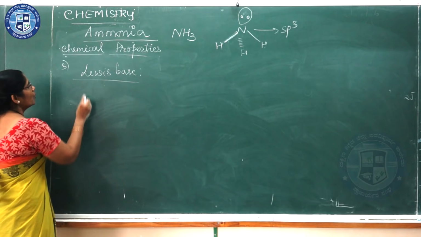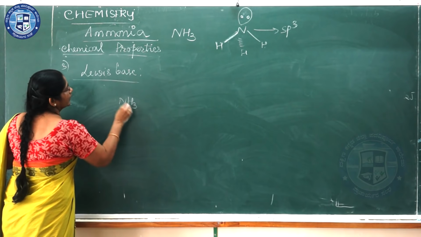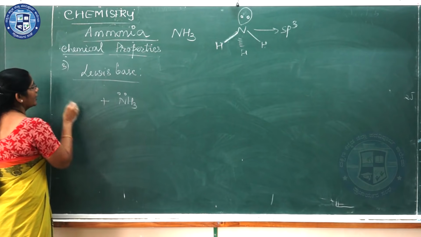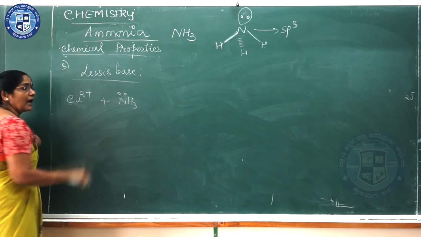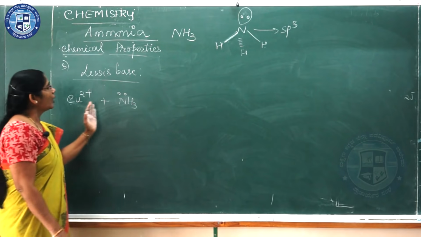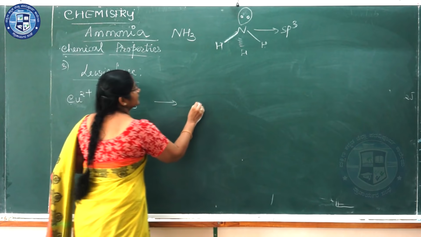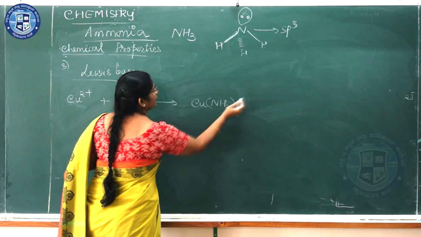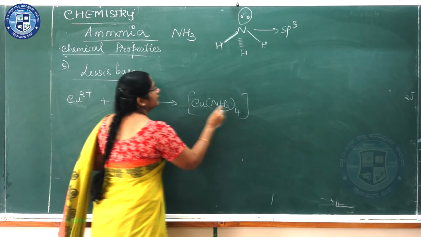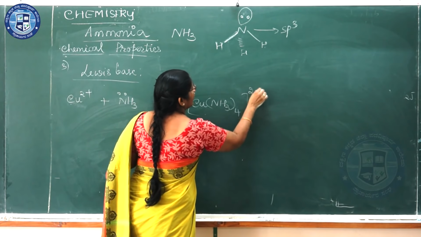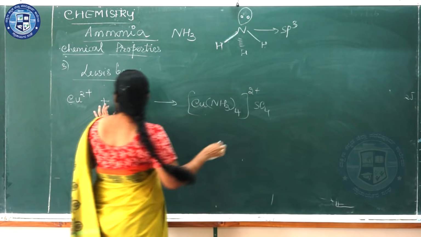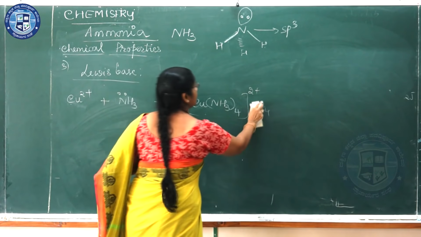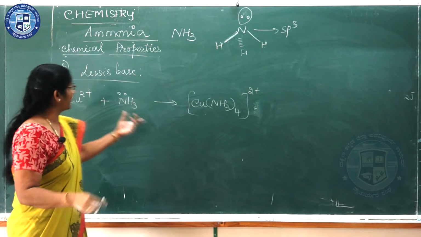Especially, ammonia can donate its electron pairs to certain metal ions to form colored changes which can be easily observed, so that these reactions help to identify these radicals.